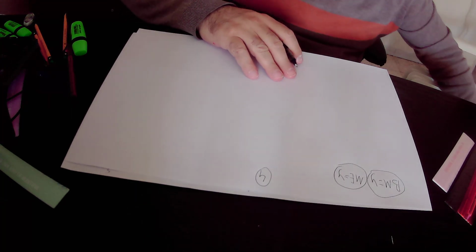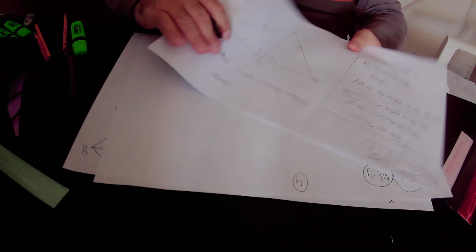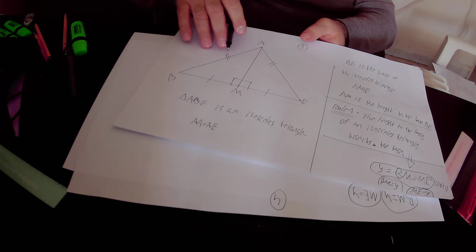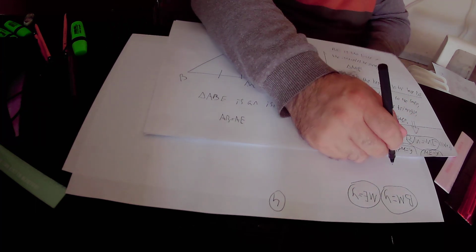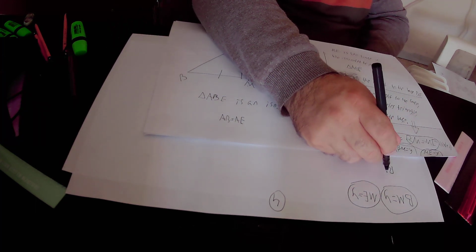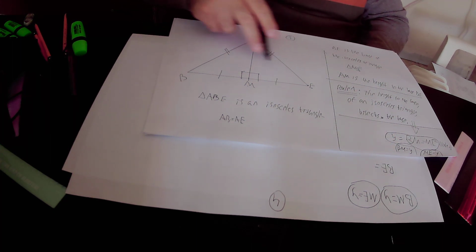So what is the value of BE? You can see from the drawing that the value of side BE is equal to BM plus ME.